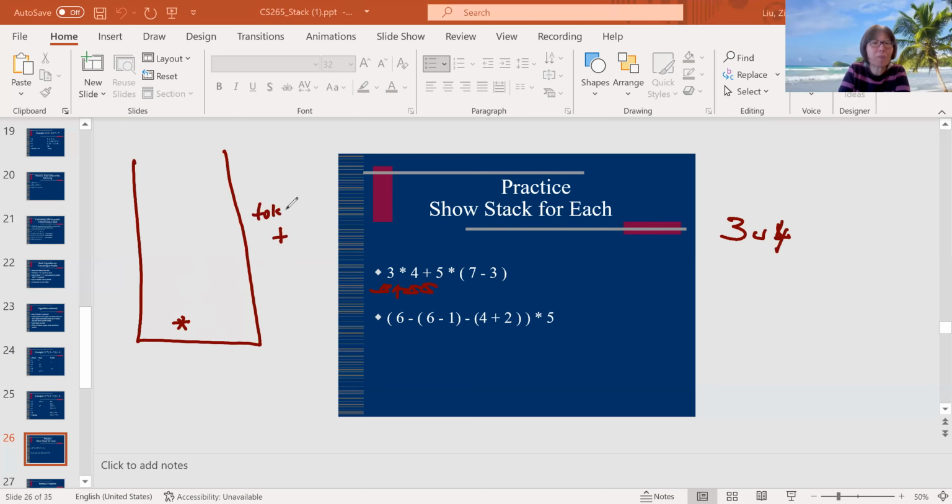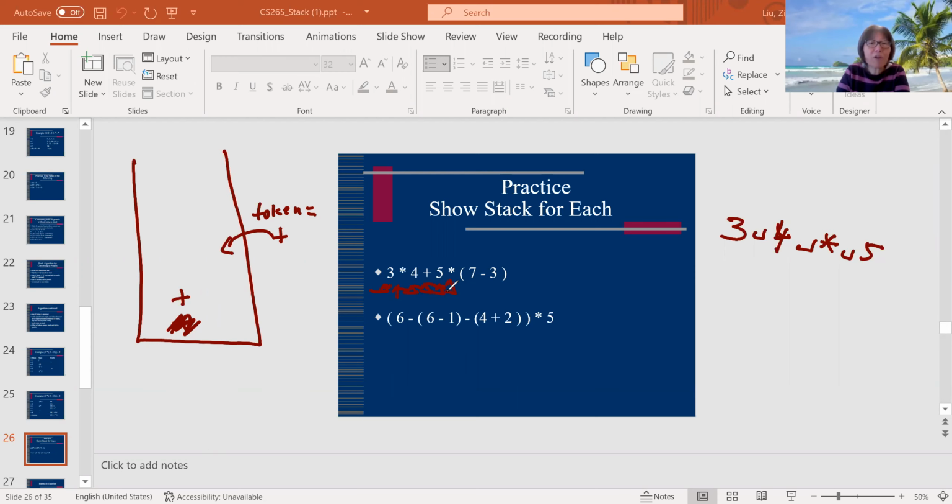If the token is an operator, and the top of the stack is not a left parenthesis and not empty, we need to compare. If it doesn't have higher precedence, you need to pop it out and add it to postfix. And now it's empty, nothing to pop. So you need to add this to the stack, okay. And then next it's a number, I add it to postfix.